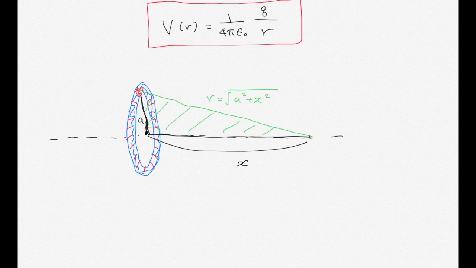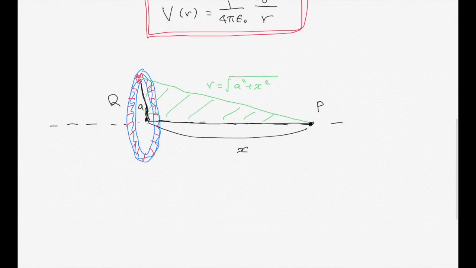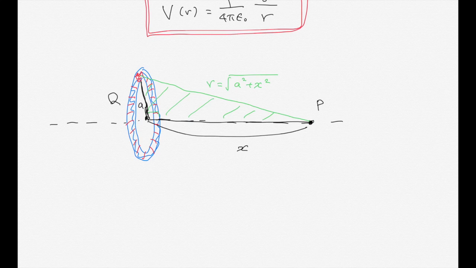Then you can use this equation to find the potential. Every ring segment has the same distance to the point P. Since the charge Q is distributed on the ring, we can directly get the answer for this potential.